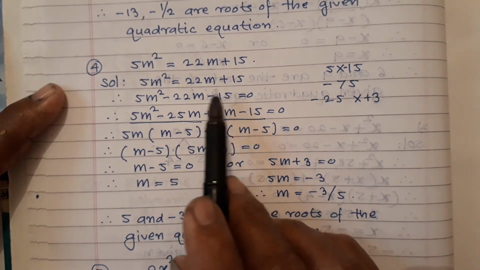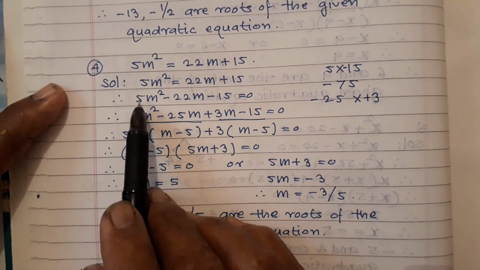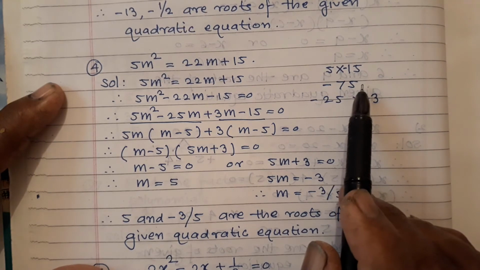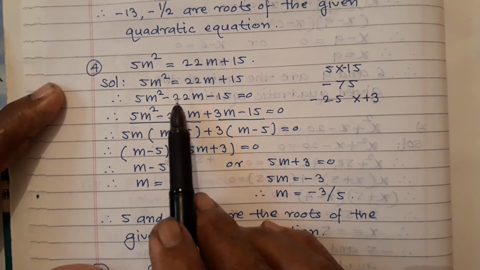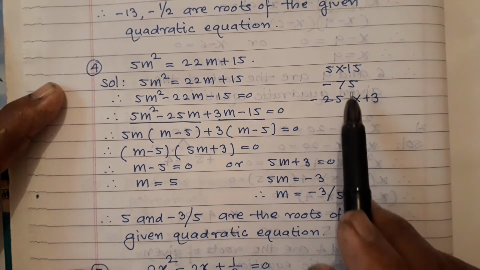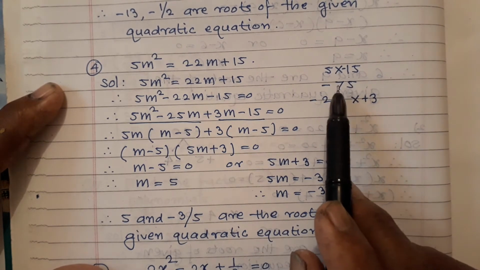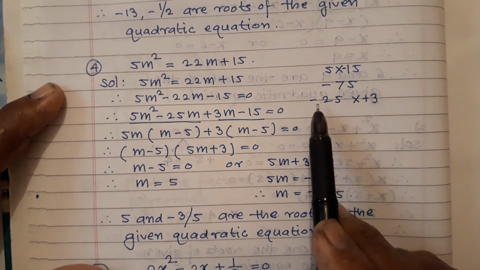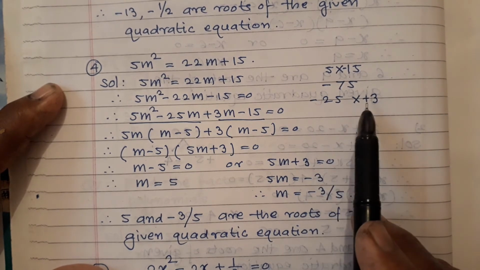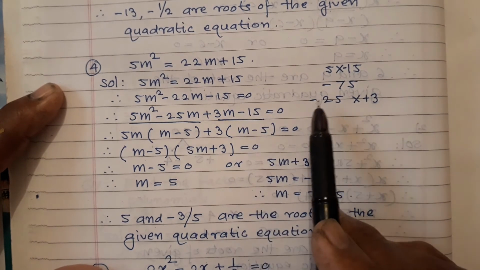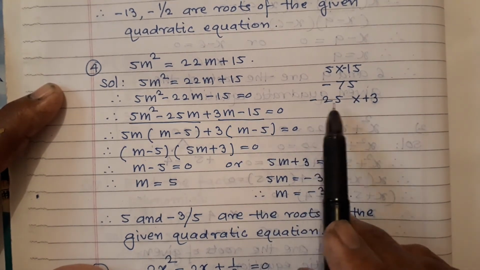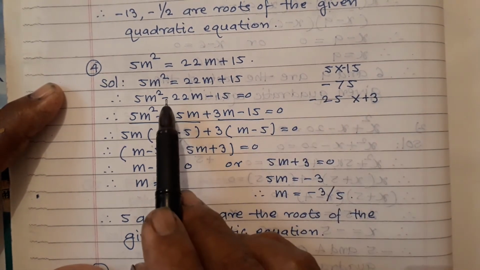Then split up this minus 15 into 5, that is minus 75, such that the subtraction is equal to 22. So I split up this minus 75 into minus 25 into plus 3. So in this case you remember the greater number's sign is this sign.